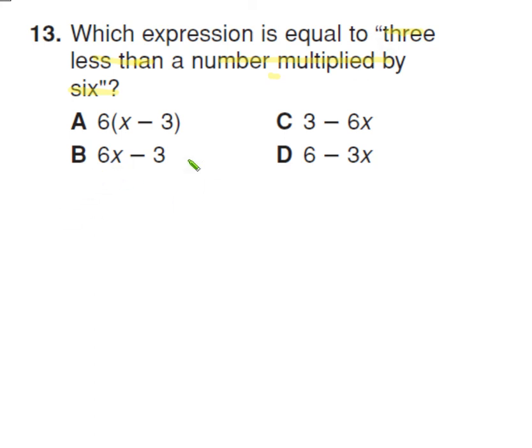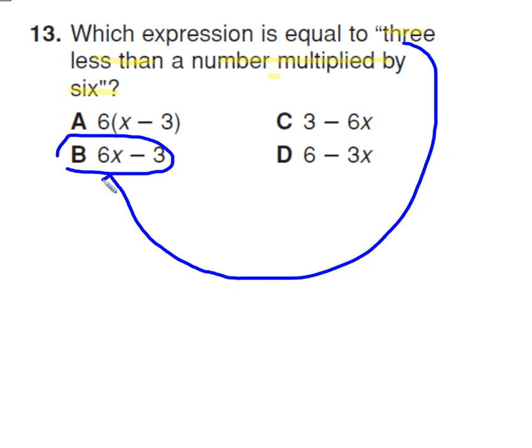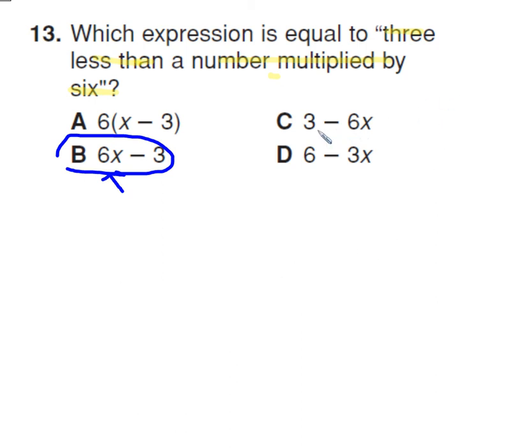So it would be B here. So it's 3 less than something else. 3 less than 6 times a number. This 3 minus 6 times x is 6 less than 3.